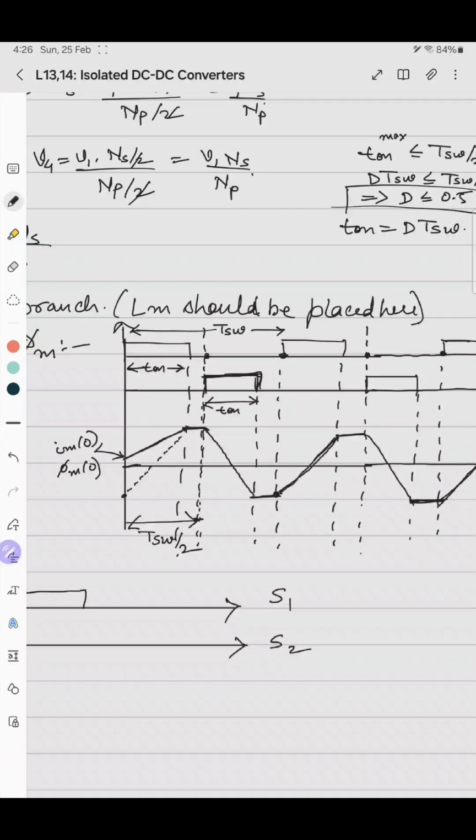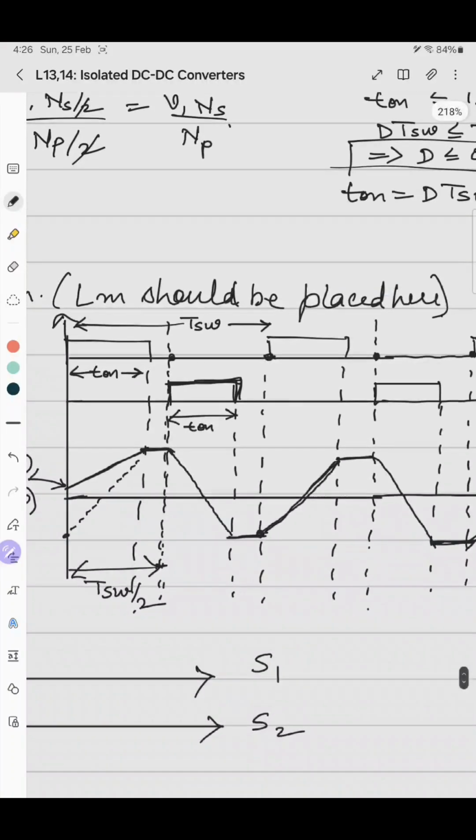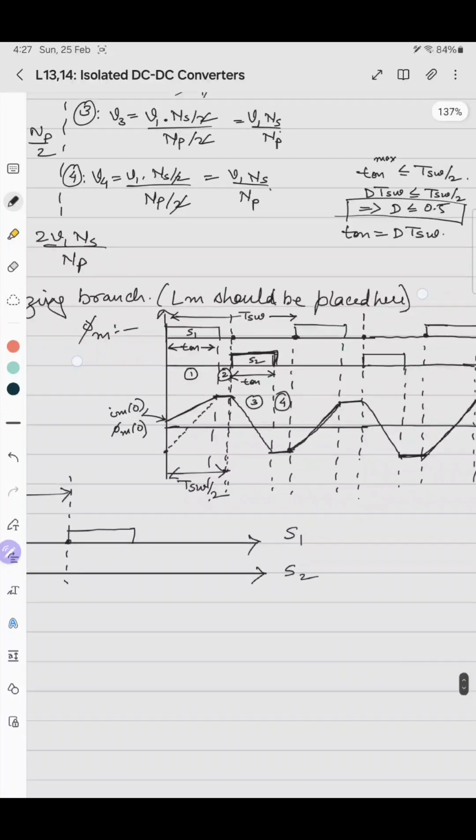Then again the last stage is S1 off, S2 off. So in a switching period there are 4 types of switching conditions, where 2 and 4 are the same. So basically there are 3 identical conditions.